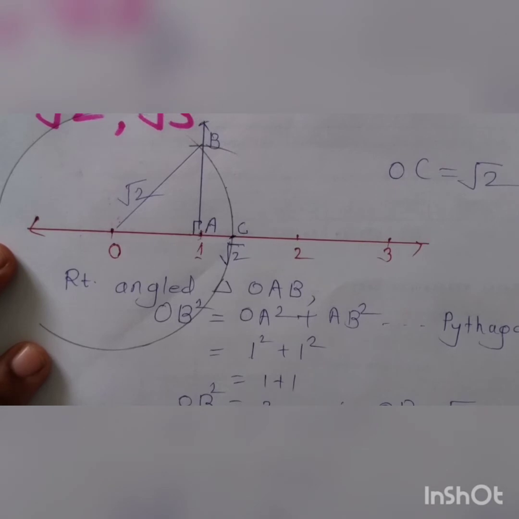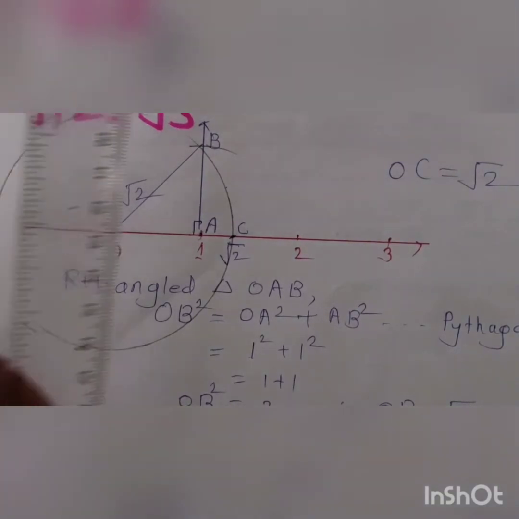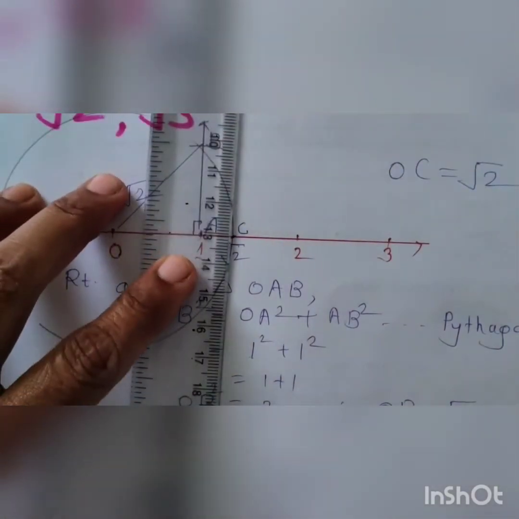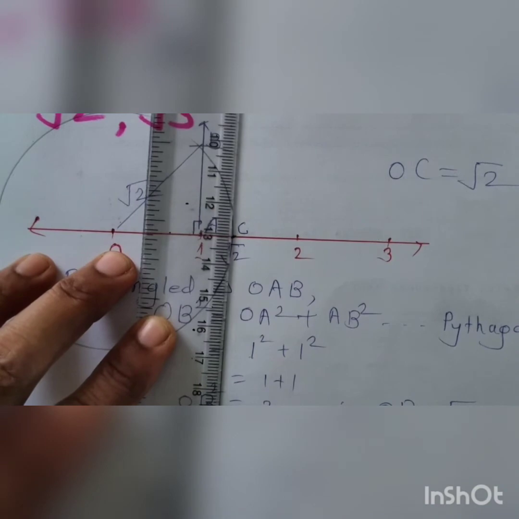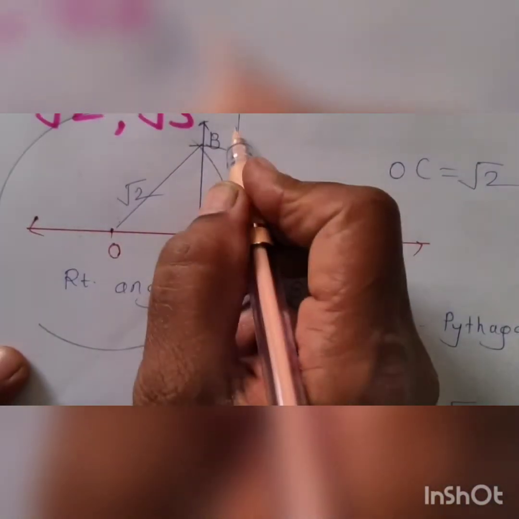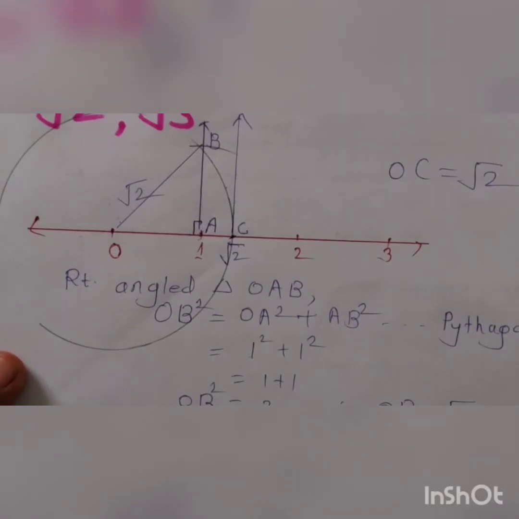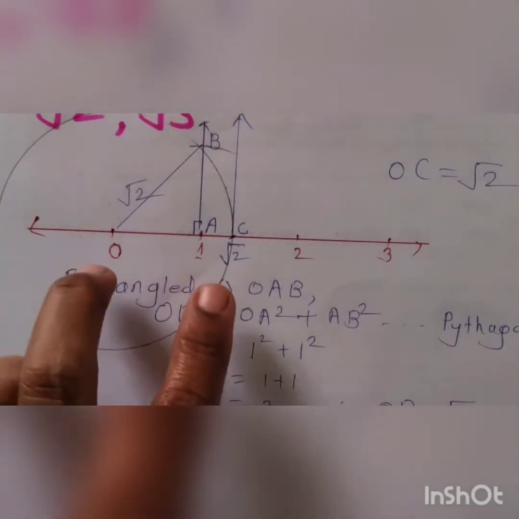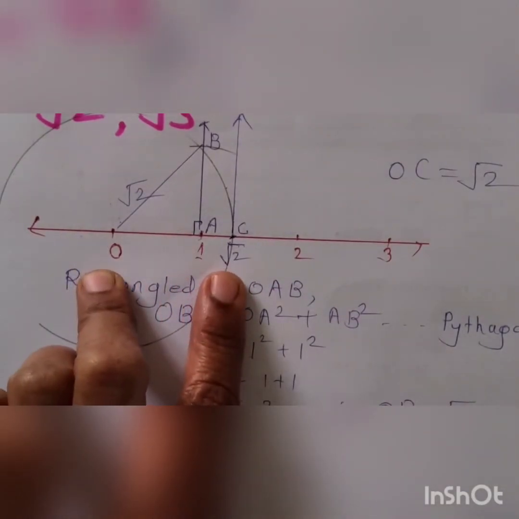Same way, on the same number line we are showing the number root 3 here. Now see how that is. Here draw a perpendicular on point C again. Now this distance OC, it is root 2.